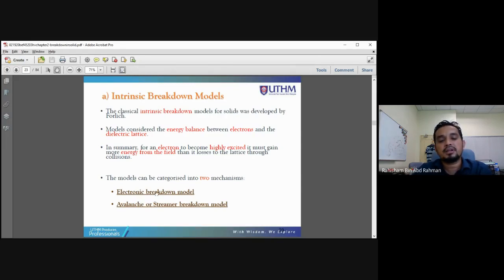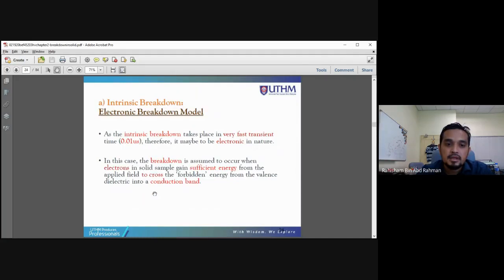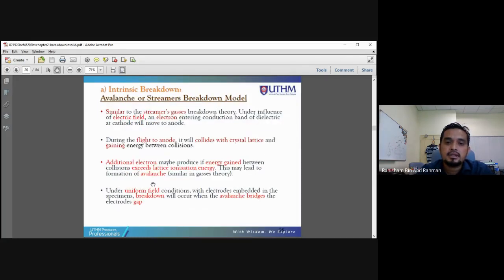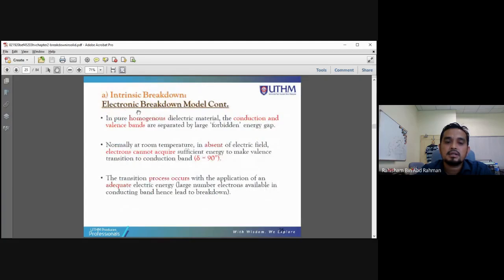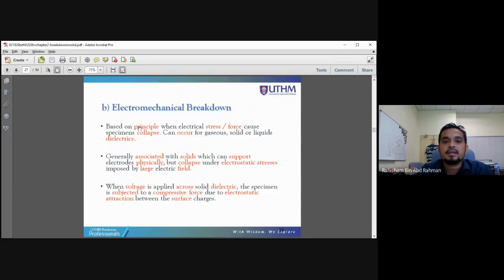So both processes also occur in the solid, but it happens internally. We may not see the effect on the surface. And then you can read how streamers happen, how the breakdown at the molecular level, and then electromechanical breakdown by the force of the electric field.